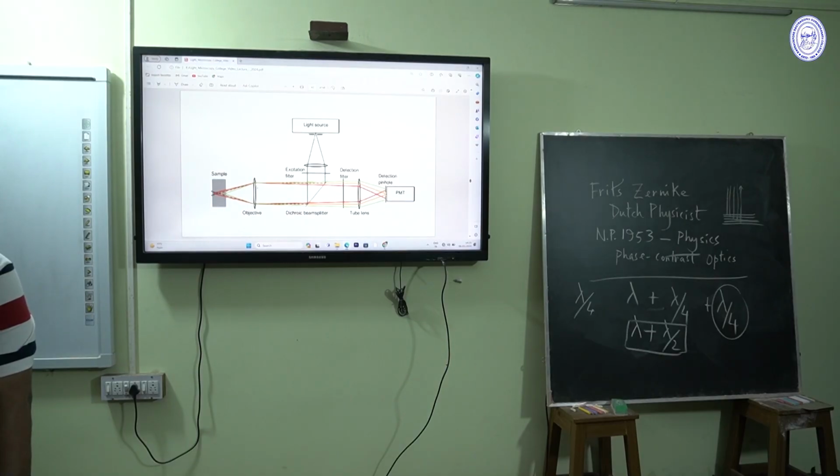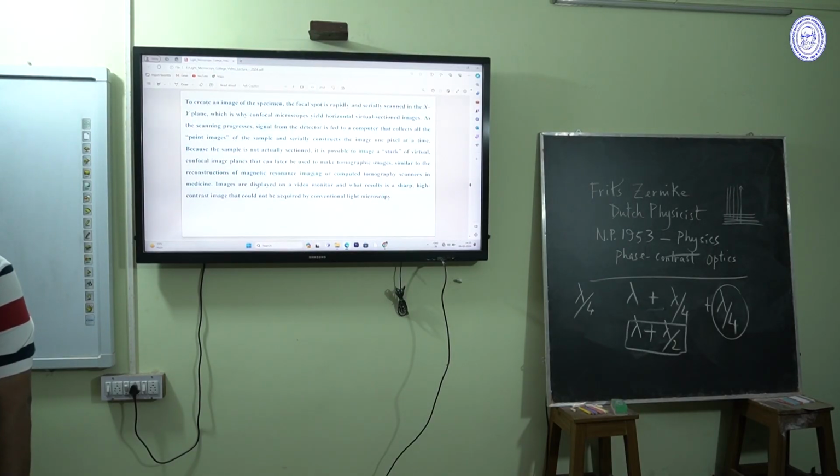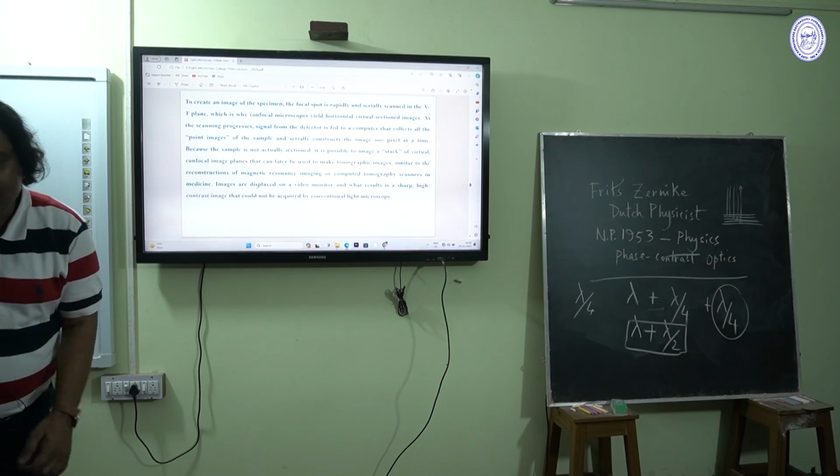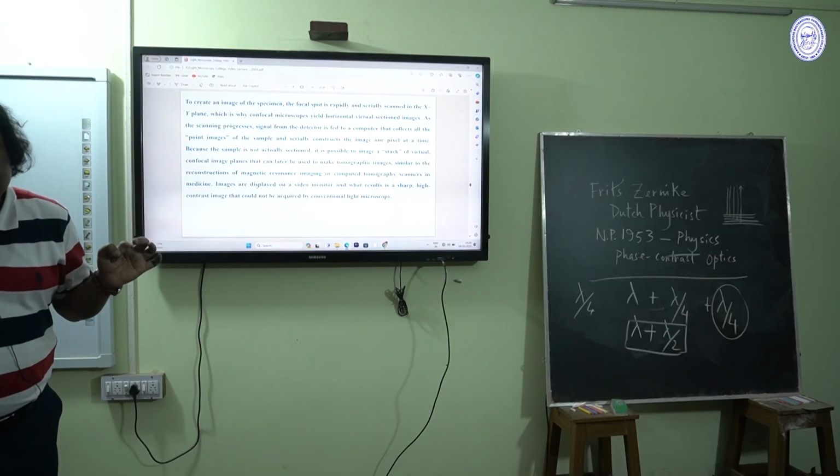This is the basic diagram of confocal imaging. This is the confocal microscope scanning unit. To create an image of the specimen, the focal spot is rapidly and serially scanned in the XY plane, which is why confocal microscopes yield horizontal virtual sectioned images.